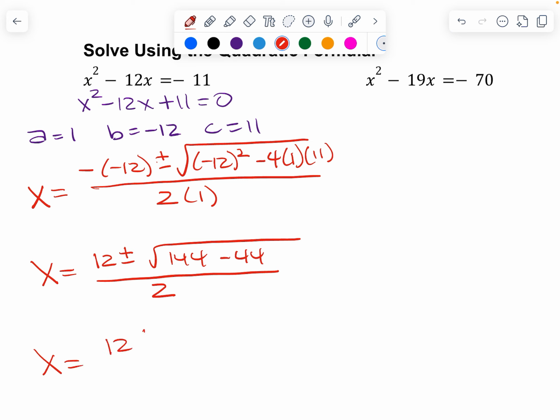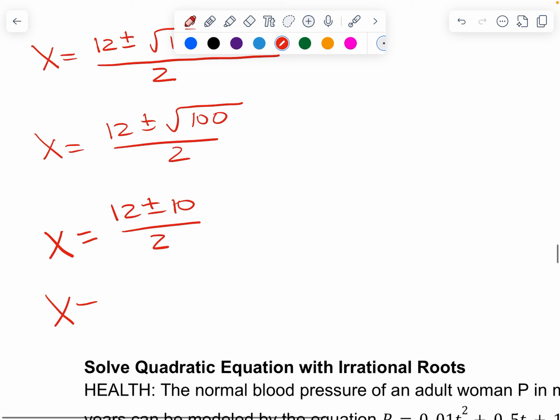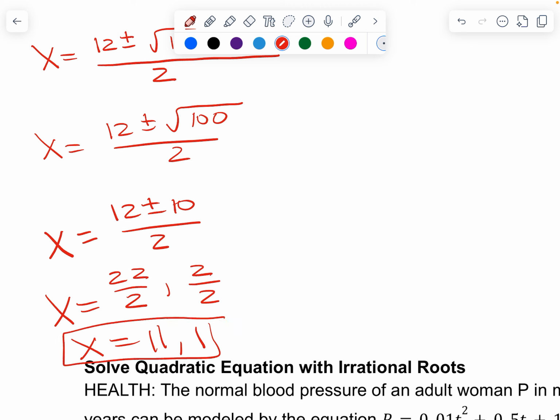Okay, so 12 plus or minus the square root of 100 over 2. So x equals 12 plus or minus 10 over 2. So I get 22 over 2, and I get 2 over 2. So that means my answers are 11 and 1. Those are my solutions, or my zeros, or my x-intercepts.